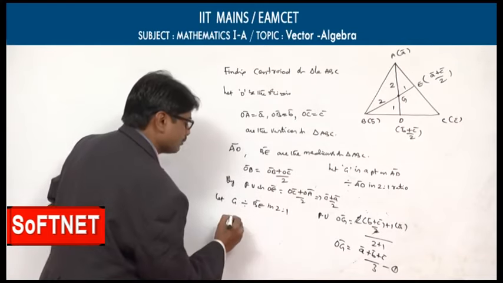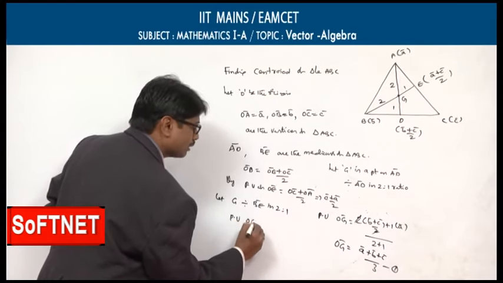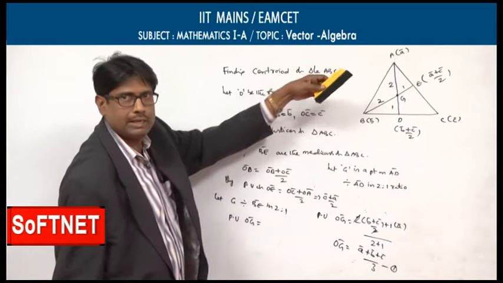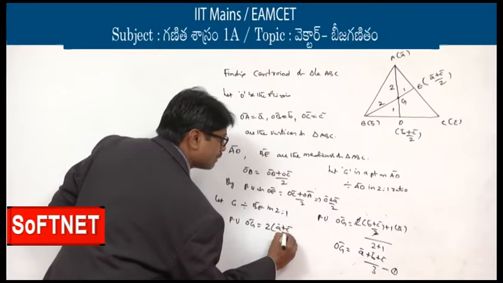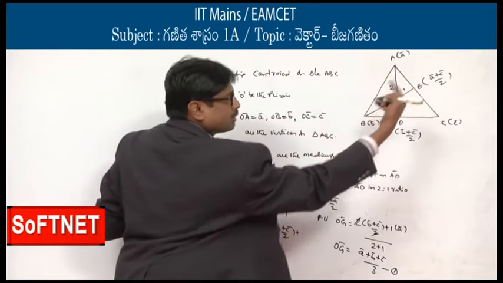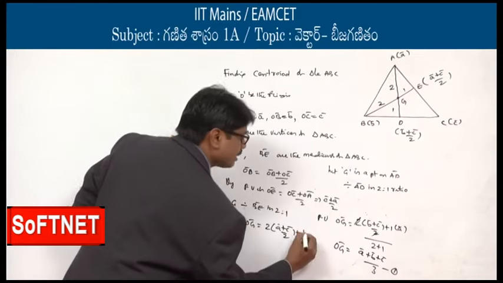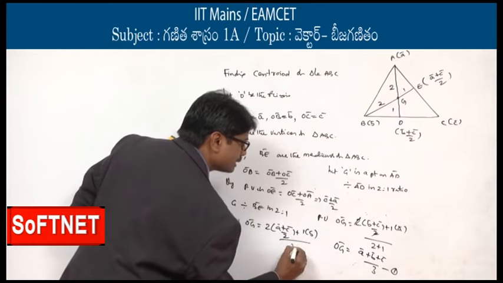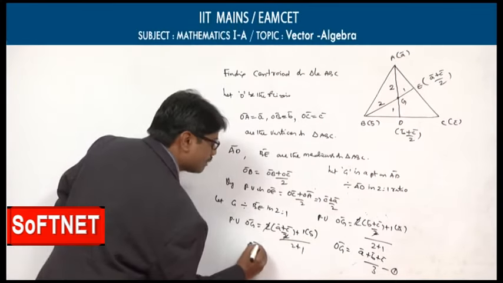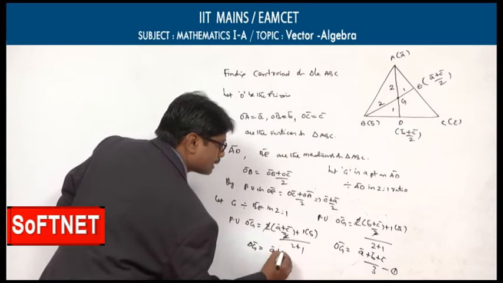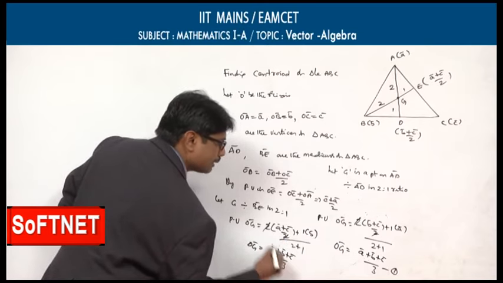Therefore the position vector of OG bar, now with respect to BE bar, will be equal to 2 times of A bar plus C bar by 2, plus 1 times of B bar, divided by 2 plus 1. As the 2 ones cancel, OG bar will be equal to A bar plus B bar plus C bar divided by 3.